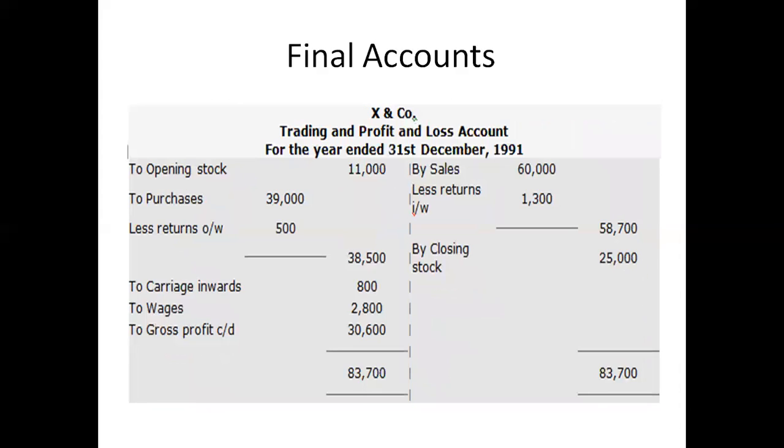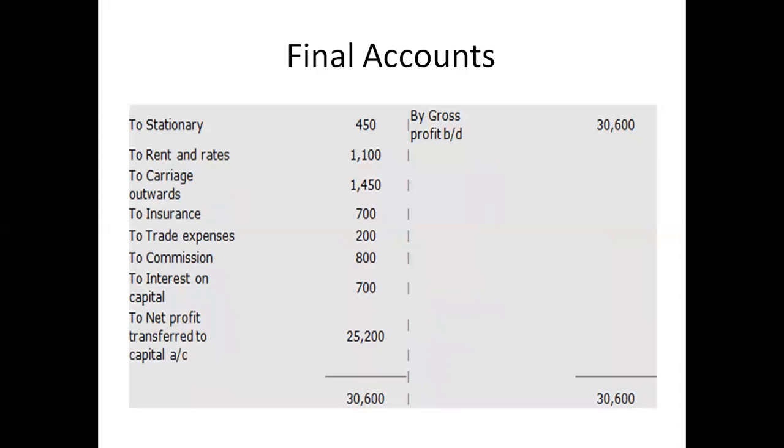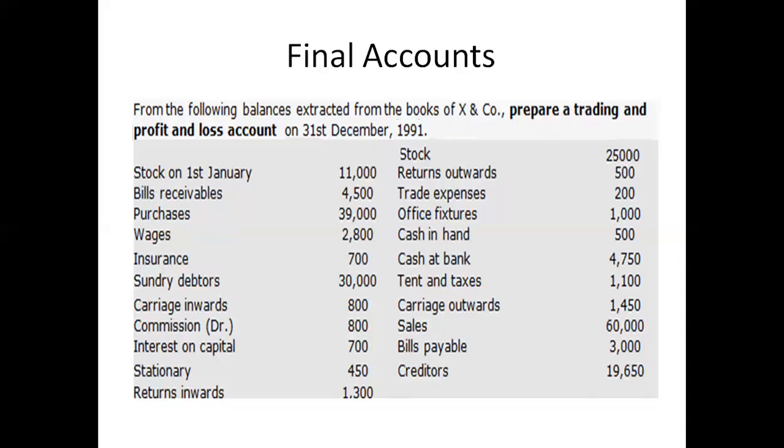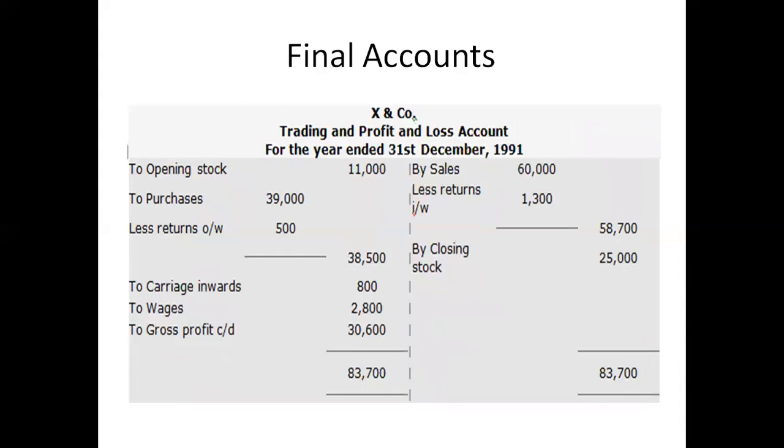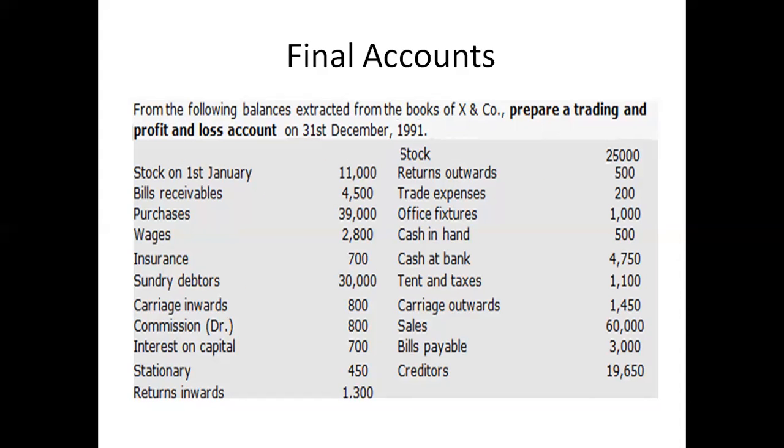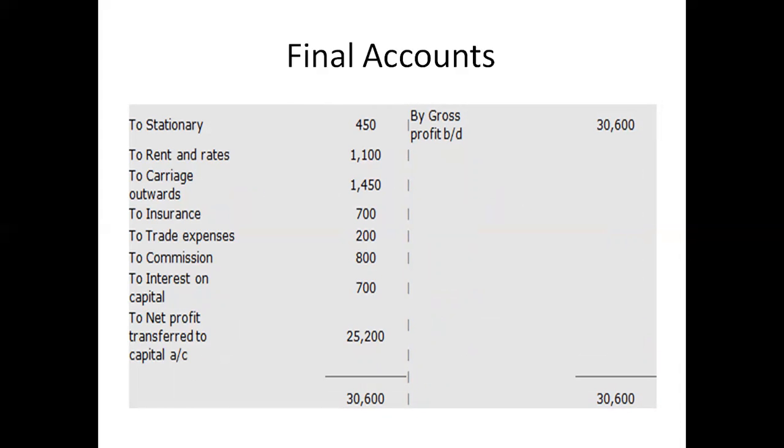Carriage outwards is 1,450. Now we also have insurance as 700. Then we also have the trade expenses as 200. Then we have the commission as 800.